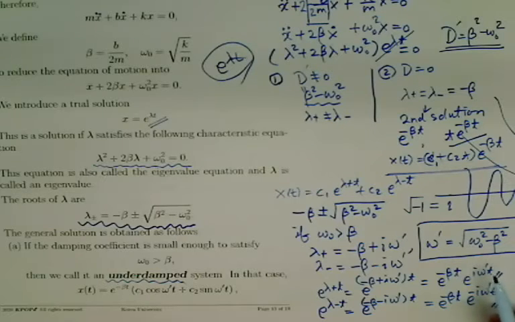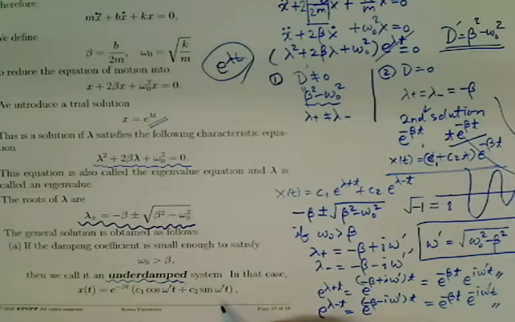If I replace these with the cosine and sine functions, the final result for the displacement is exponential minus beta t factored out and an oscillating factor, that is a linear combination of cosine omega prime t and sine omega prime t.